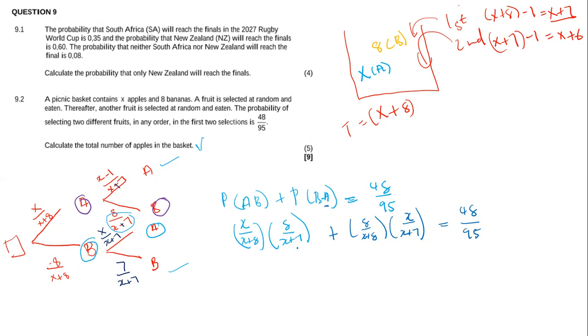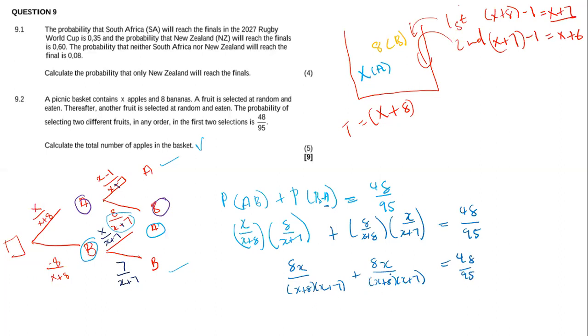Now there's an equation we can solve for X using algebra. How are you going to solve for X in this equation? It's simple. X multiplied by 8 gives 8x over x plus 8 multiplied by x plus 7, plus 8 multiplied by x gives 8x over x plus 8 multiplied by x plus 7, which equals 48 over 95.